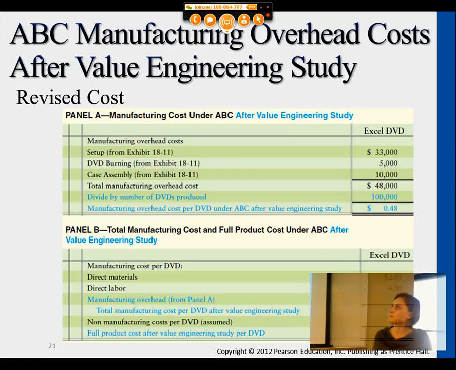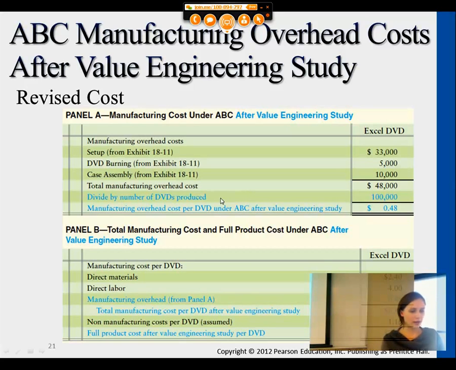All right. So let's look at the revised costs. We have the same story. We're still talking about the DVDs. We have costs that we're calculating. So what is the ABC manufacturing overhead cost after we added this value engineering to the system?